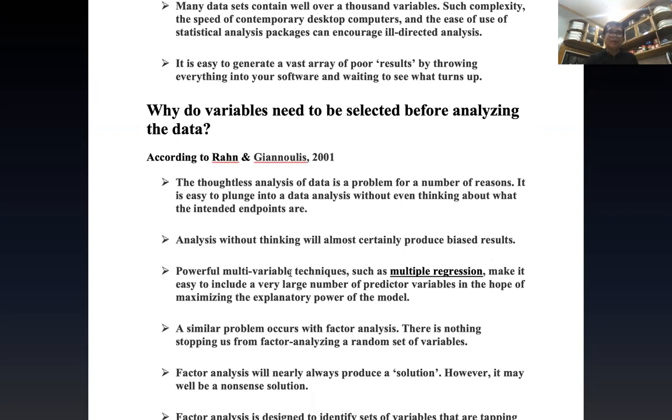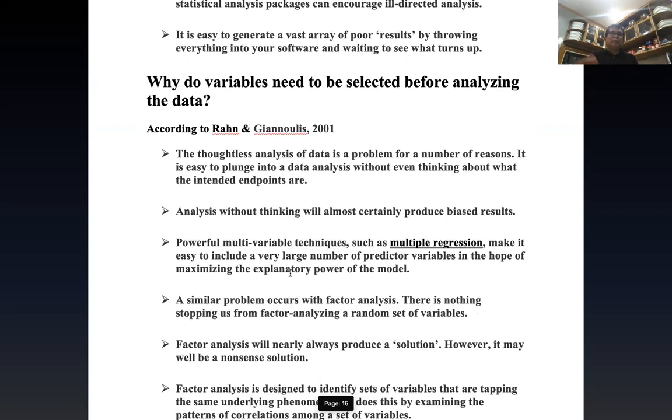Analysis without thinking will almost certainly produce biased results. Powerful multivariable techniques such as multiple regression make it easy to include a very large number of predictor variables in the hope of maximizing the explanatory power of the model.